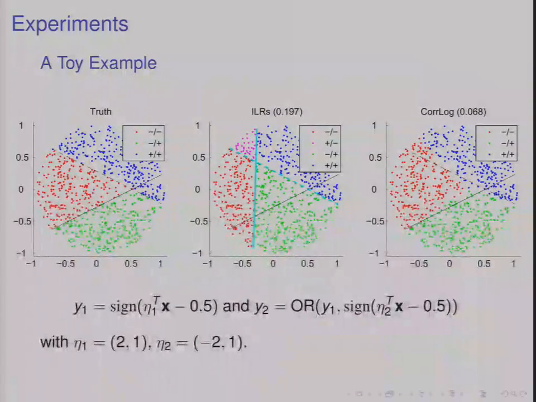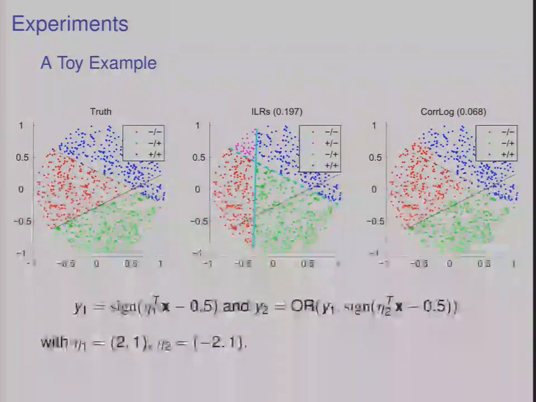The first label is determined by this dashed line. And in order to introduce correlations between labels, we use this OR operation. It means whenever the first label is positive, the second label is also positive, so that we can see in this area the labels of the instances are plus plus but not plus minus.